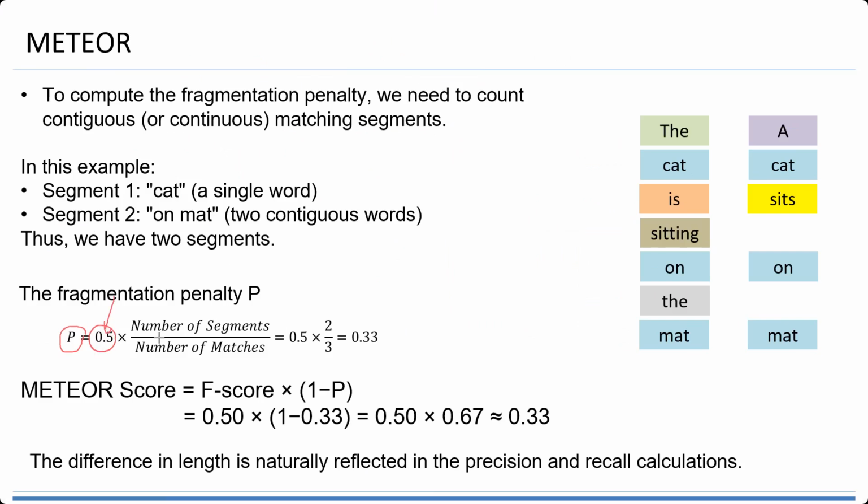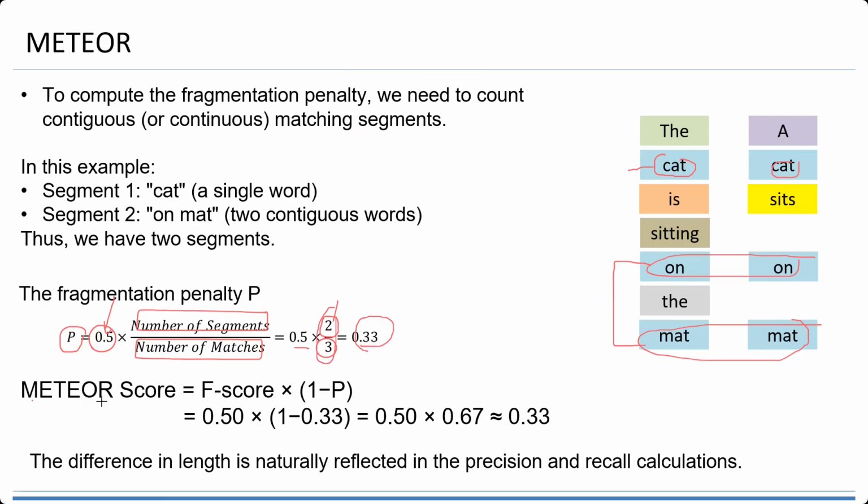It will be multiplied by the number of segments divided by the number of matches. So we have two segments, cat and "on the". This is one segment, this is one segment. Among the three matches, we have two segments. Then 0.5 multiplied by 2 divided by 3, then this is the penalty, 0.33.